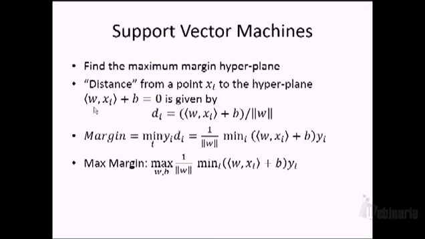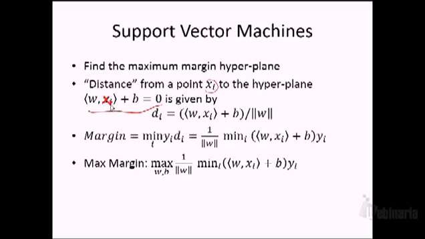Well, the distance from a point xi to the hyperplane w transpose x plus b is 0. So this is a hyperplane. The distance between this point and the hyperplane is given by w transpose xi plus b divided by the norm of w.